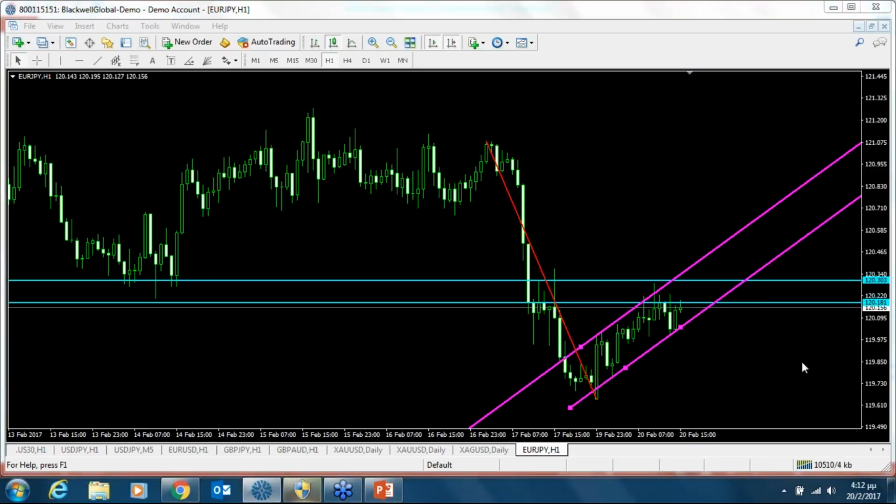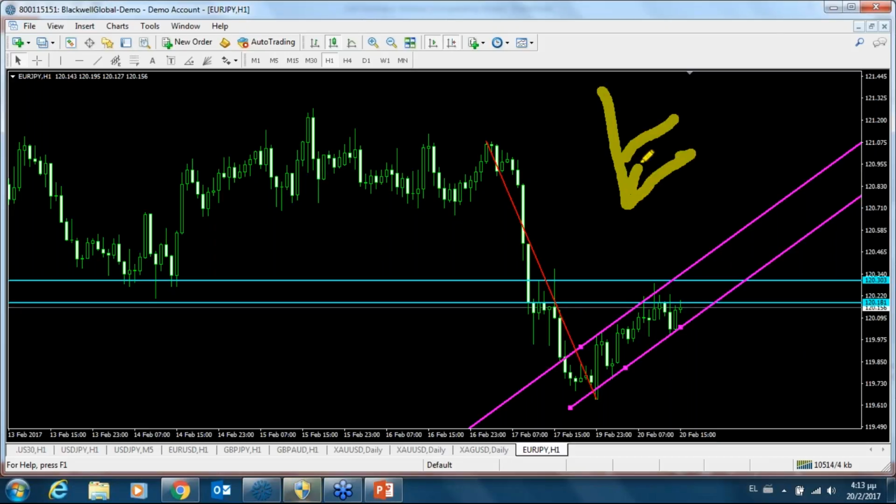flag and pole pattern is that if it's got a bearish one, you've got the pole like this, and then now you've got the price going up and down, and it's an upwards channel. Then once it breaks out, you've got a potential to the downside. So the length of the pole will be the length of that projected move to the downside.